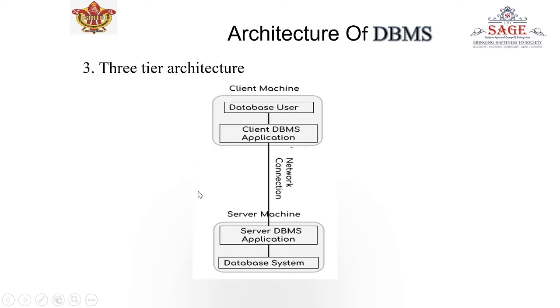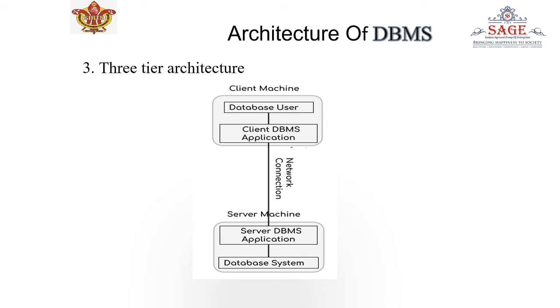So in three-tier architecture, a layer is present between the client machine and the server machine. In this architecture, the client machine or client application does not communicate directly with the database system, as it does in two-tier architecture.